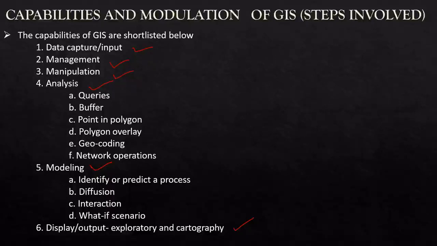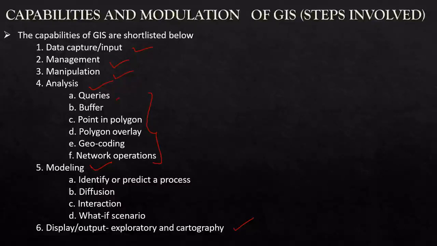Okay, so these all depend upon the technology we use, the method we use, how we analyze, how we see the problem, what type of questions we raise, etc. And here you can see in the analysis, you can have these many types of analysis.